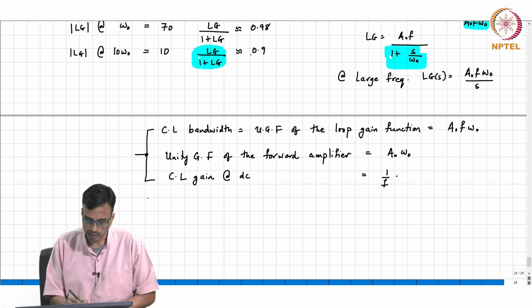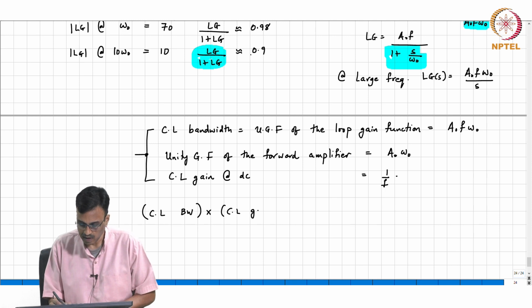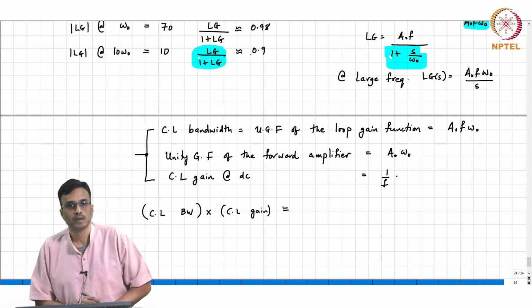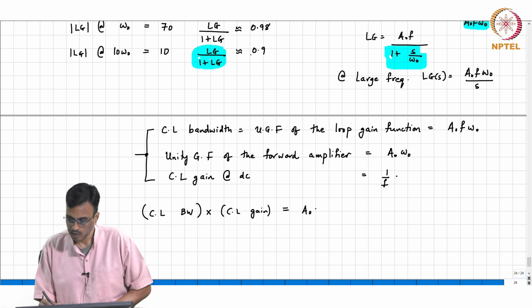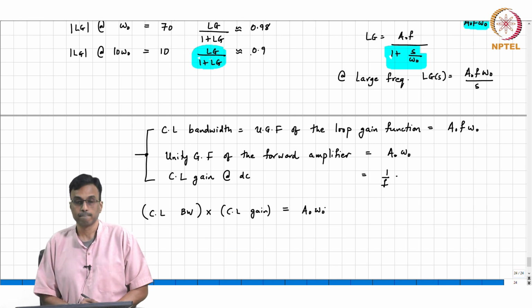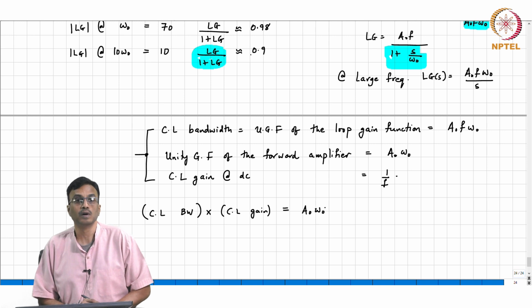Yeah. So the product of the closed loop bandwidth times the closed loop gain is A naught omega naught. Do you follow?